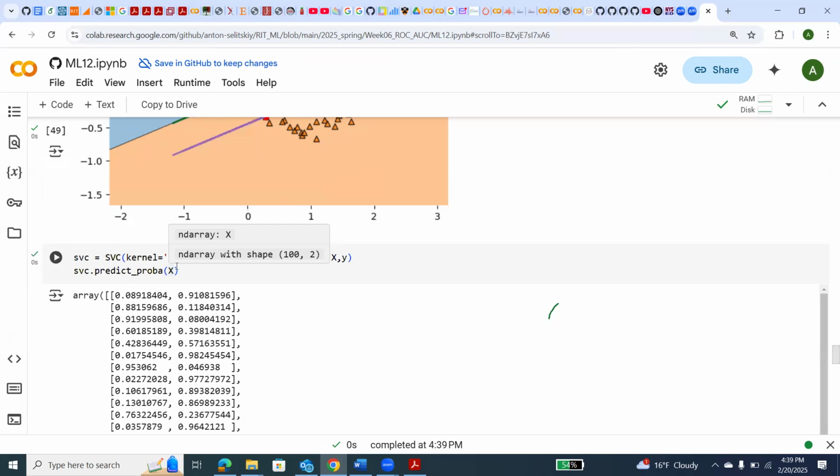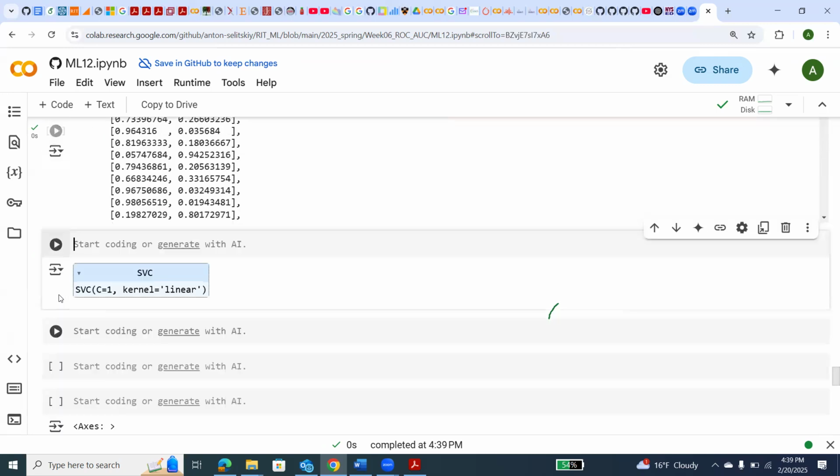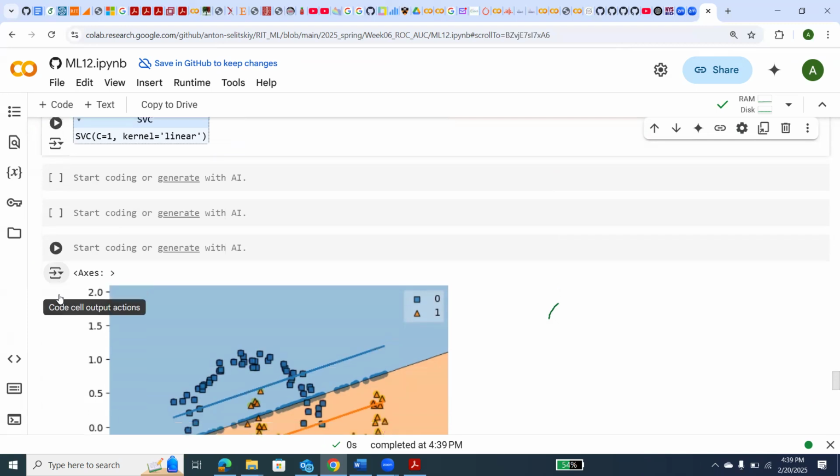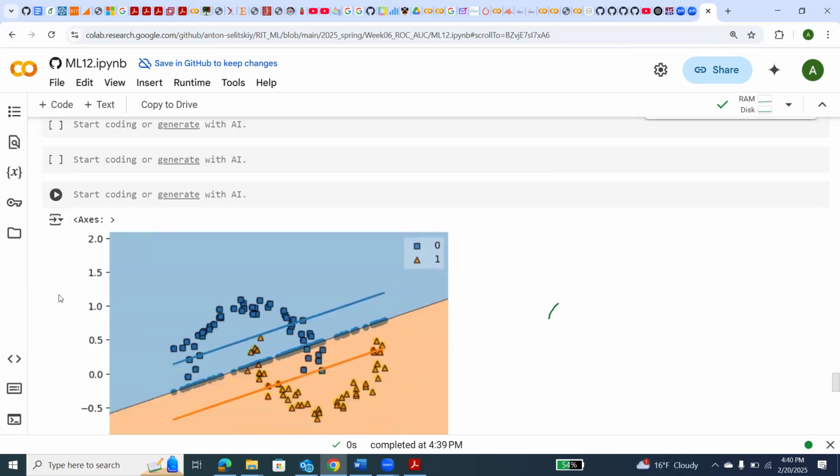But only one model, logistic regression, returns true probabilities. Other models return some numbers between 0 and 1. For example, in linear regression, you can convert the distance into the range 0 to 1, but it doesn't mean that it's the probability of the class. It's just some number.